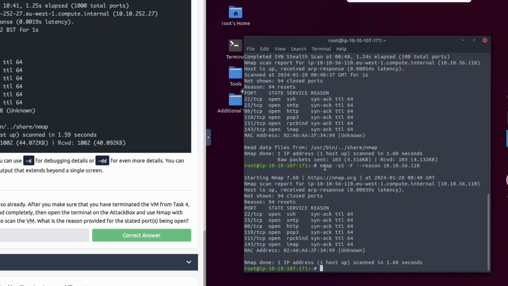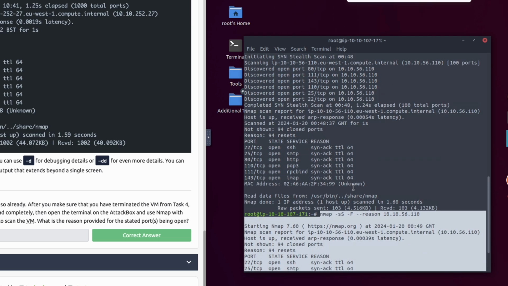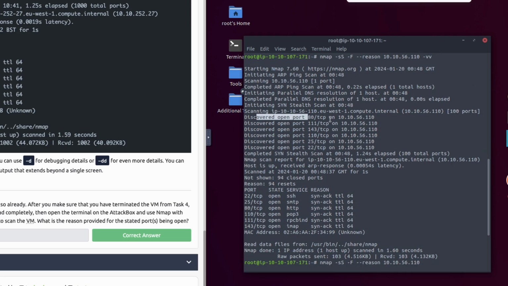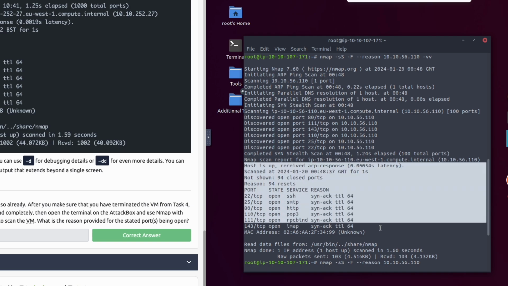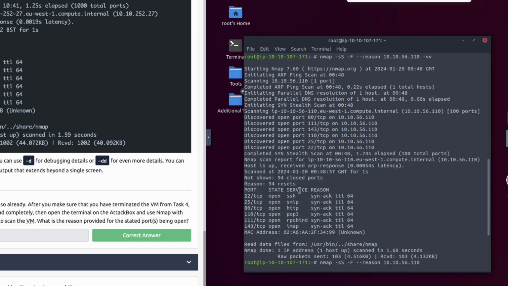So this is the result without VV, very short, and then we're going to go up, and this is the result with VV. So as it discovered the ports, it put it onto the screen. It said all of these things have been discovered, and then it gave us what it normally would, which is host is up, it received the ARP response, these are the open ports that we found, these are the reasons that they're open, and so on and so forth.